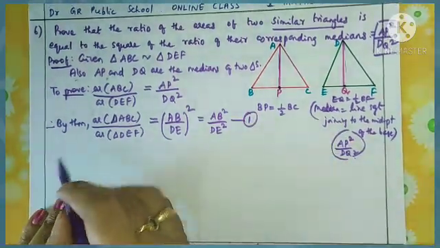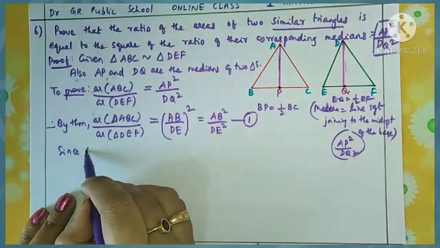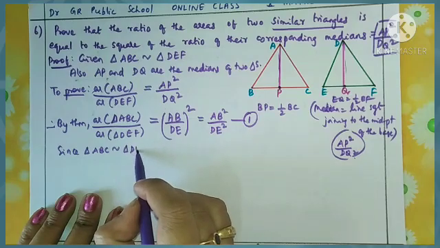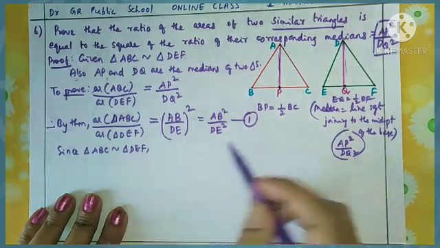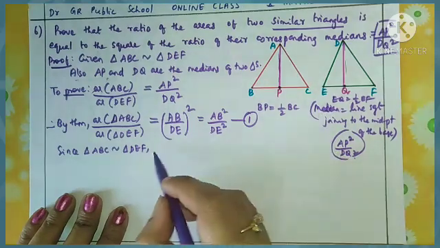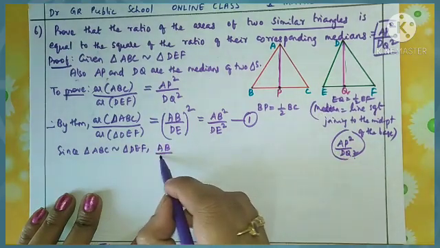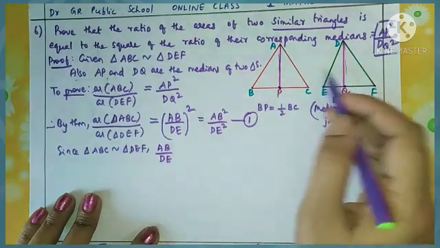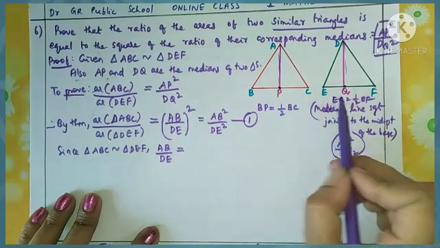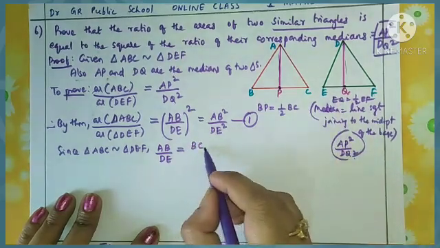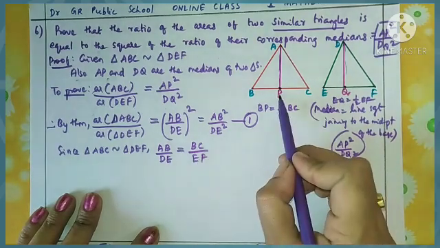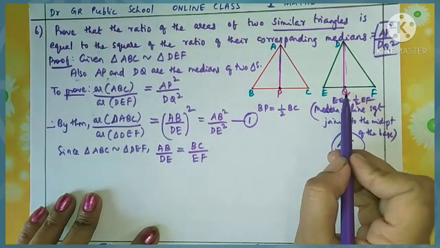Now you see, since these two triangles are similar, that is triangle ABC is similar to triangle DEF, we wrote that the corresponding sides are in the same ratio, correct? So AB by DE equals BC by EF. You know that P is the midpoint and here Q is the midpoint.